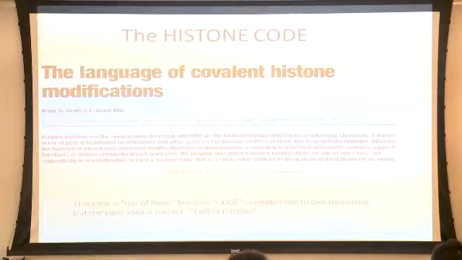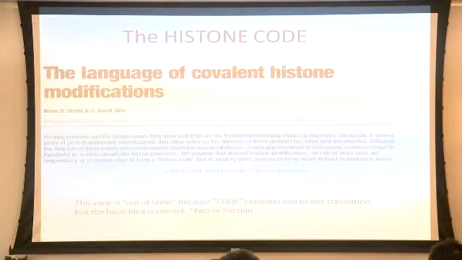These associations were recognized by these authors and are still true today. The idea fell out of favor because the word code denotes a sort of one-to-one translation. And in fact, it's not the case that there's a one-to-one relationship between these modifications and the functional state of the chromosome. Interestingly enough, a number of us just returned from a meeting in Palo Alto where a speaker on charting the epigenome showed an interesting slide in which she functionally tested, using a cancer assay, regions across the genome, putting every little bit of control region into an expression construct.